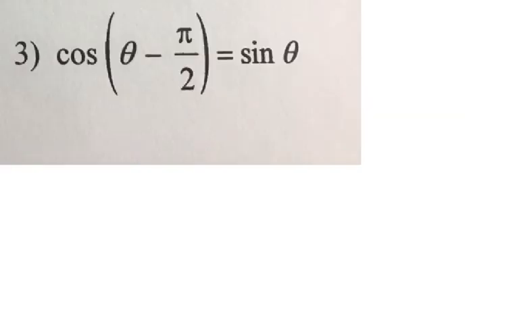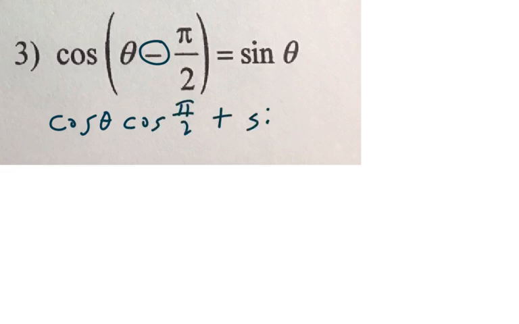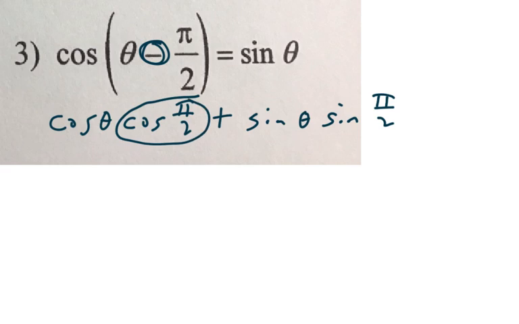Okay, next one. This time we have a cosine of a difference. Well, that means we take the cosine times the other cosine plus the sine times the other sine. So cosine, cosine plus sine, sine is how we do the cosine of a difference. Now, what is the cosine of 90?